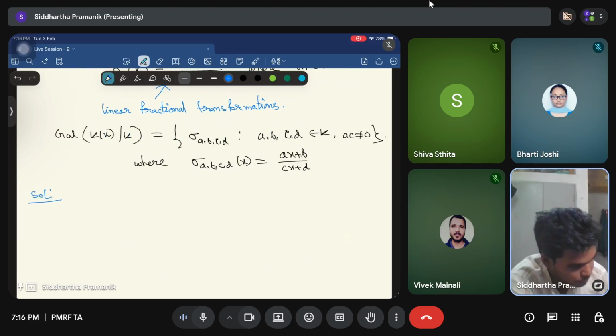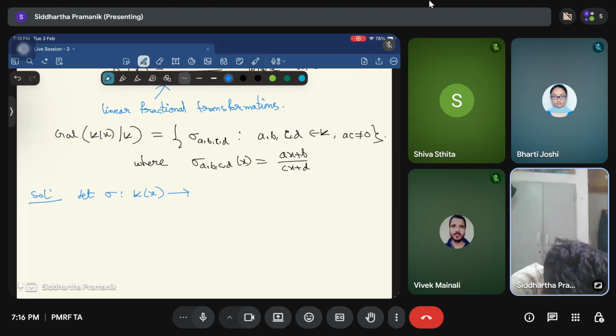So how to prove this? Let sigma from k(x) to k(x) be a k-automorphism, which means this automorphism fixes k.